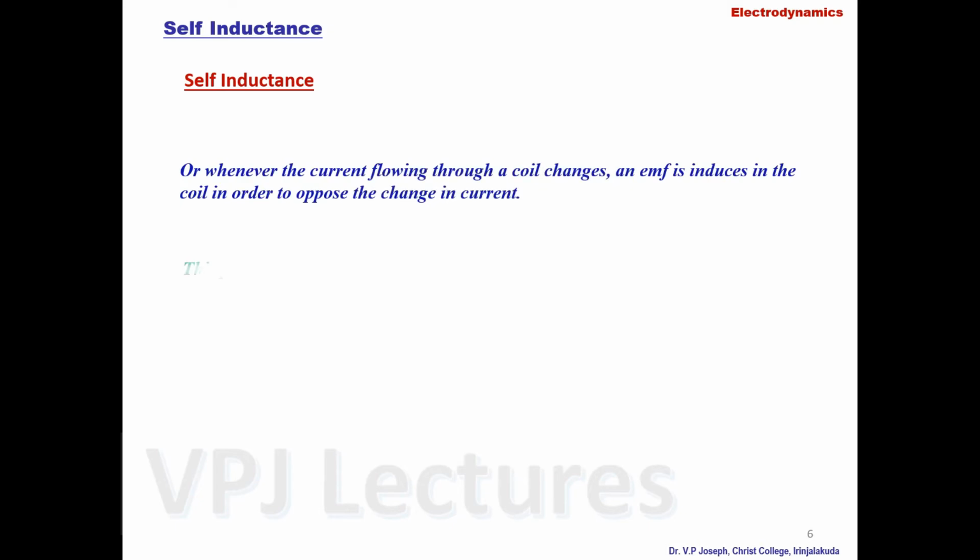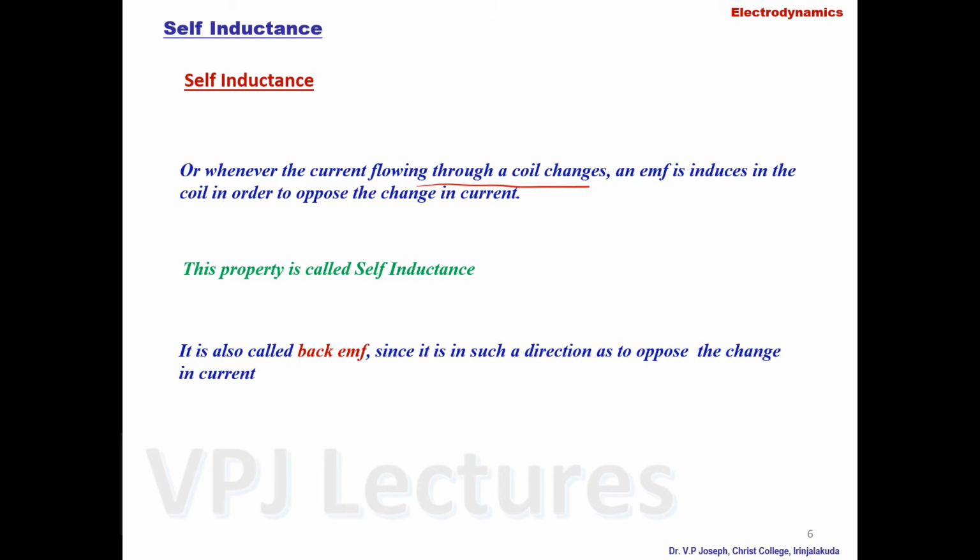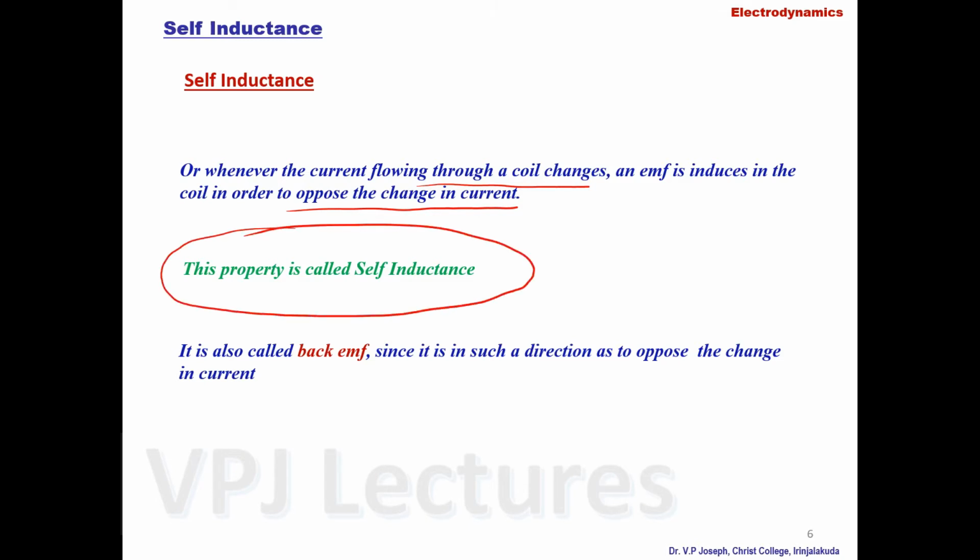So in general, we can say that whenever a current flowing through a coil changes, whether it increases or decreases, an EMF is induced in the coil in order to oppose the change in current. This property is called the self-inductance of the coil.